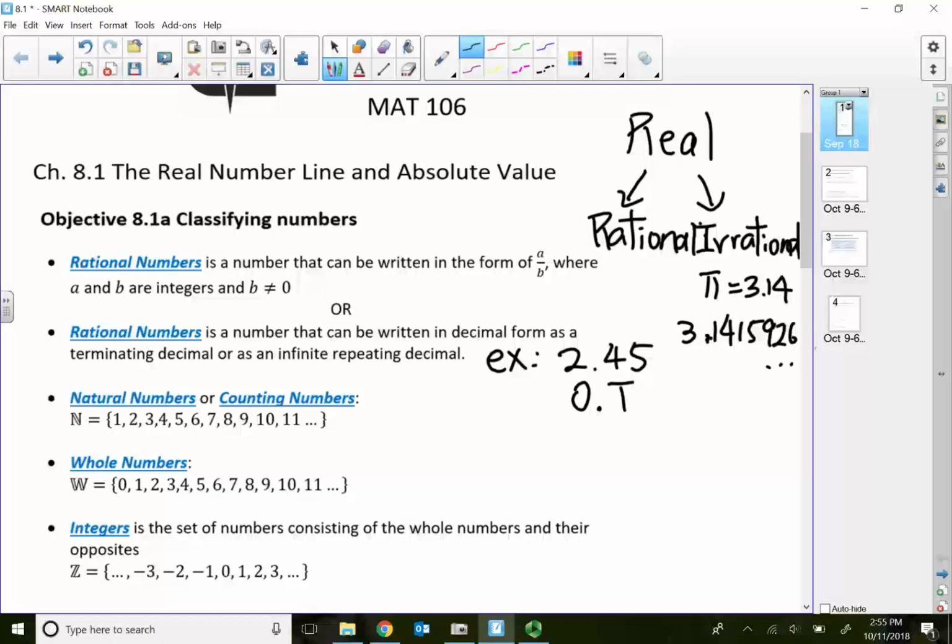All right. Natural numbers, or counting numbers. Our notation is this symbol that looks like an N. What's considered a natural number begins with 1, or we can call them counting numbers. It goes 1, 2, 3, 4, 5, and so on and so forth. The difference between a natural number and a whole number is that a whole number actually contains 0. A natural number does not. So whole numbers go 0, 1, 2, 3, and keep on going.